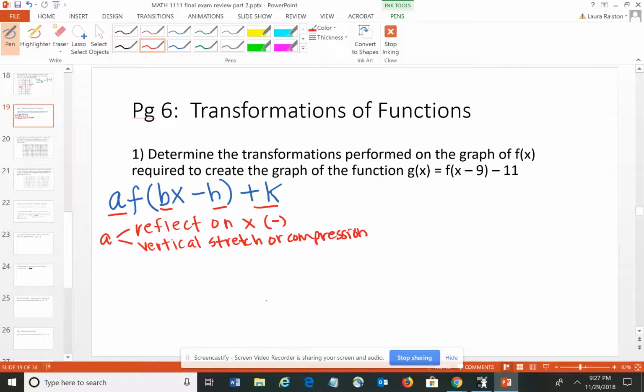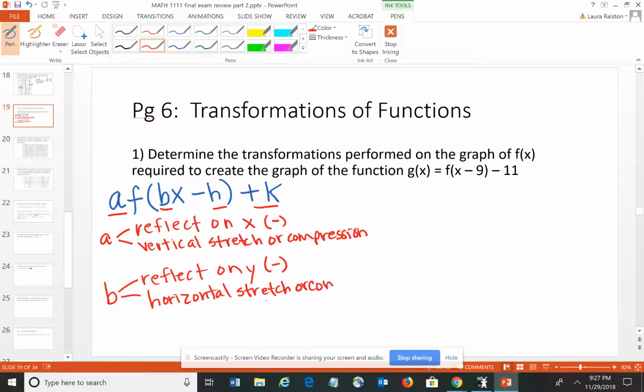B tells us whether there's going to be a reflection or a flip on y, and again, that's determined if it's negative. And B is if there's a horizontal stretch or compression.